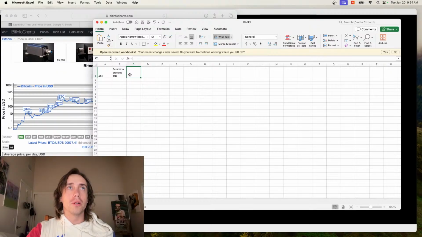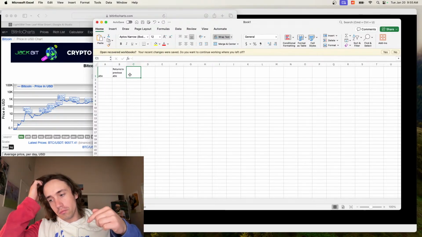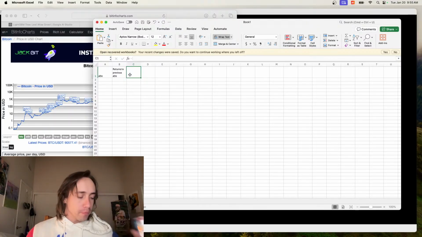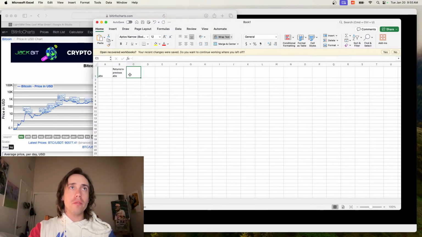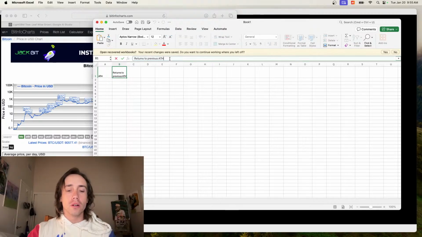And then what happens? So it drops down. That's the local minimum. Return to previous all-time high. Oh, two cycles ago.